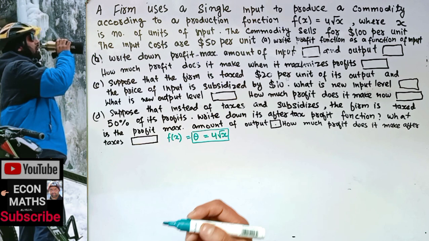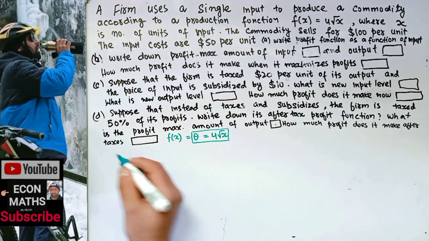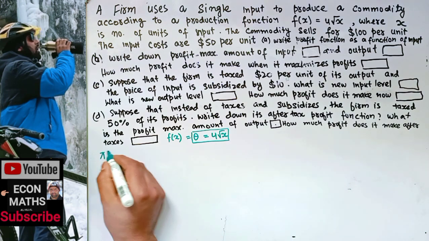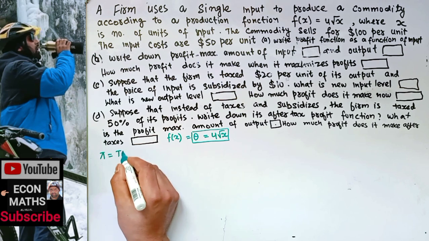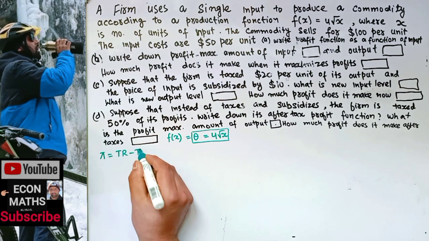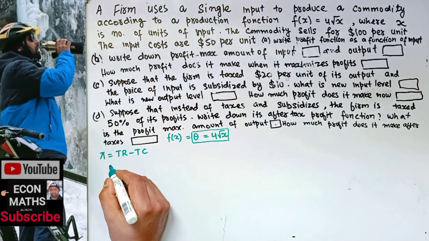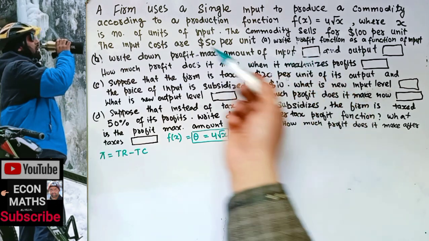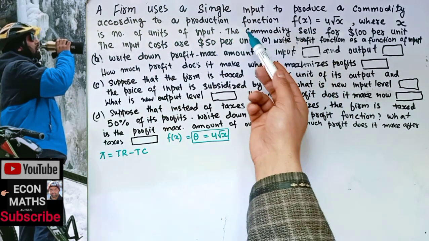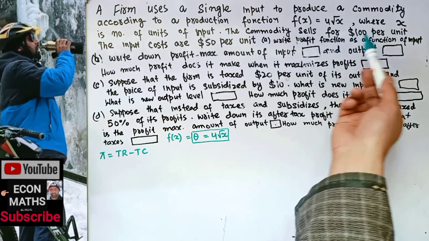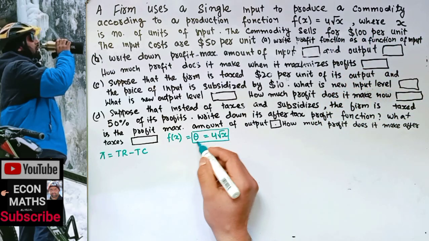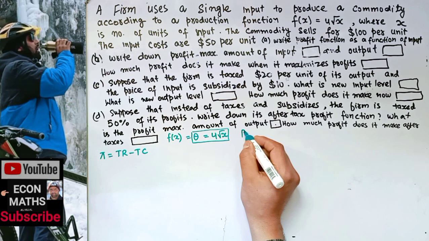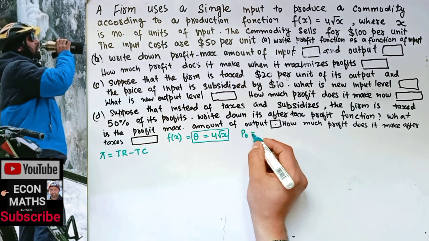Now to find out the profit, we know that profit is equal to total revenue minus total cost. We are being told that the commodity sells for $100 per unit. That means price of this commodity, let us denote it by p subscript q, is 100.